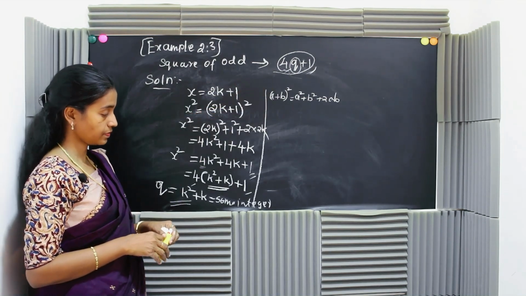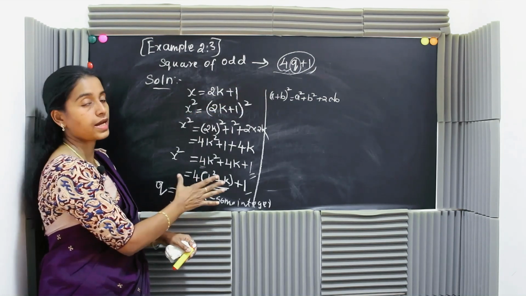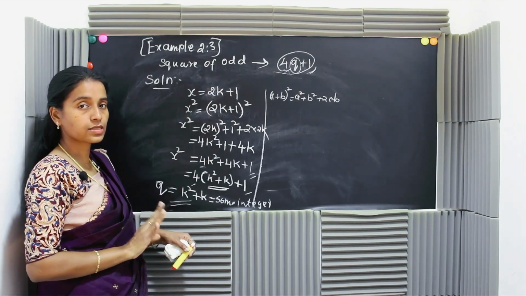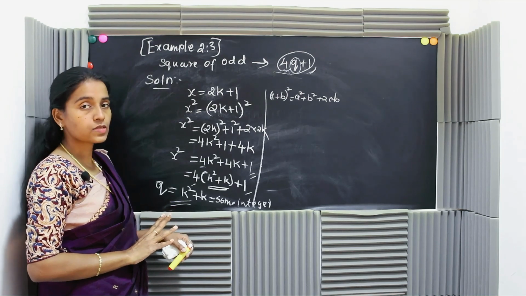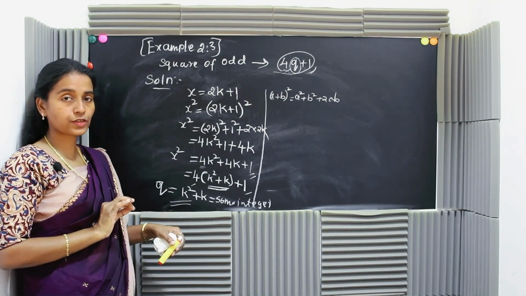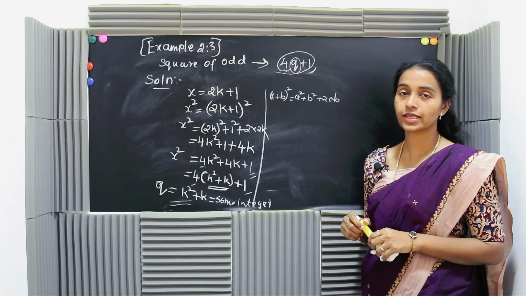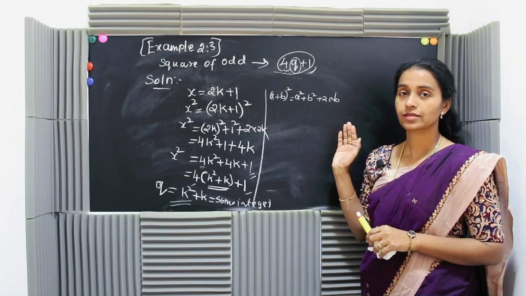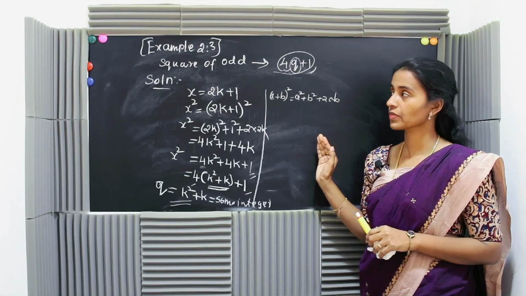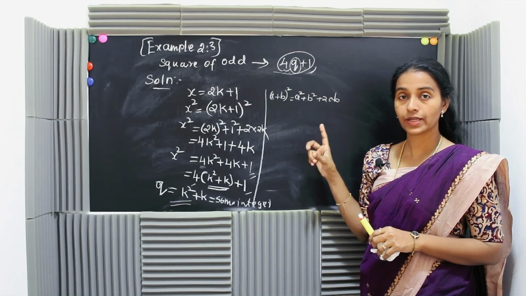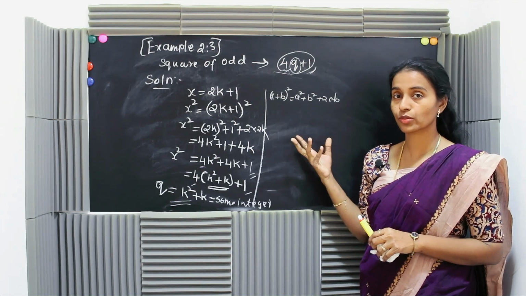The answer should be in the form of 4q plus 1. That is the question. This is very simple. We should remember the formula for creating an odd number. First, read the question carefully and understand it: what is given in the question, what has been asked, and what we need to show.